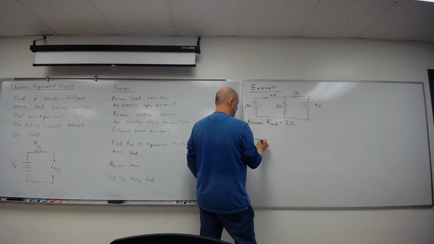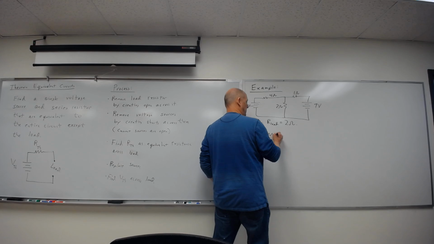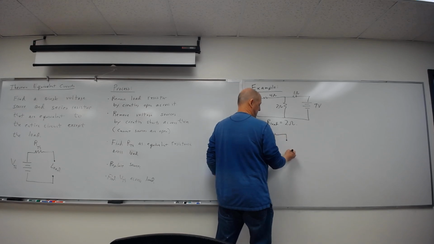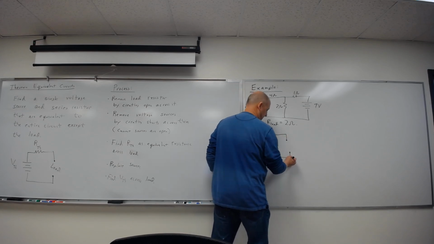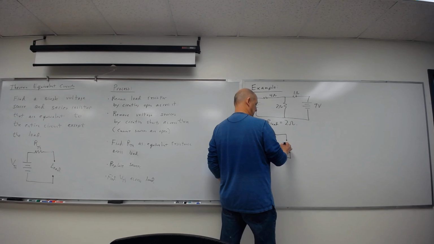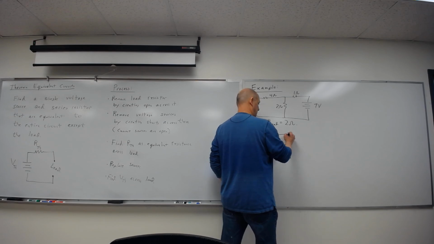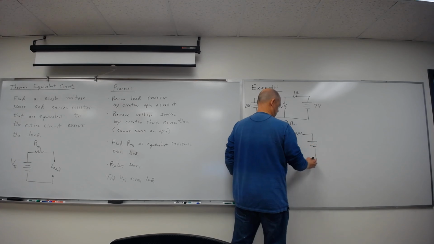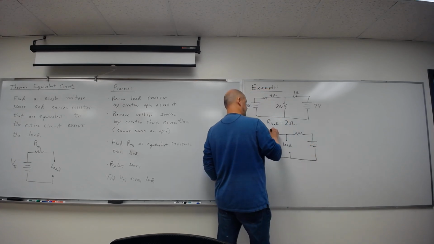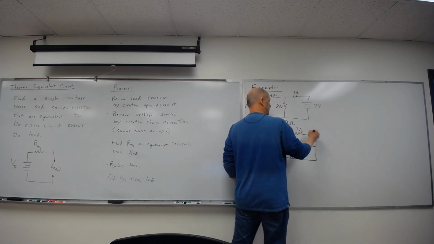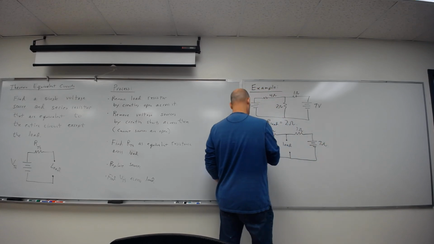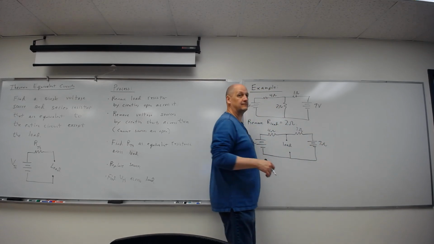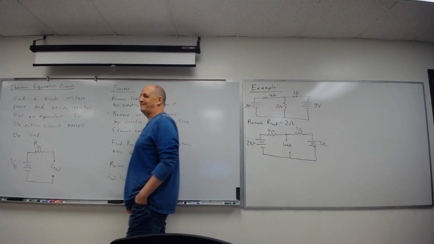I'll do this very step by step. I would skip steps here once I got going. I'll draw those just to show, hey, that's where the load is. Load. That's not too bad.